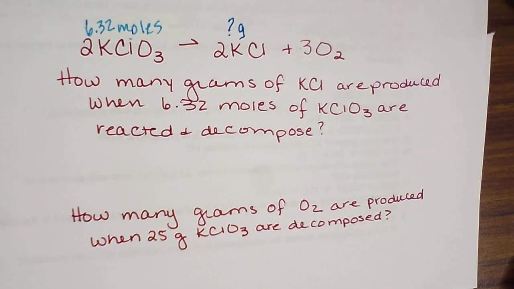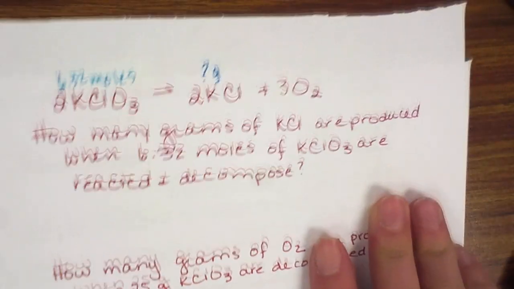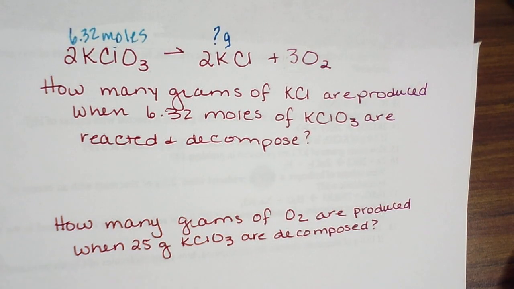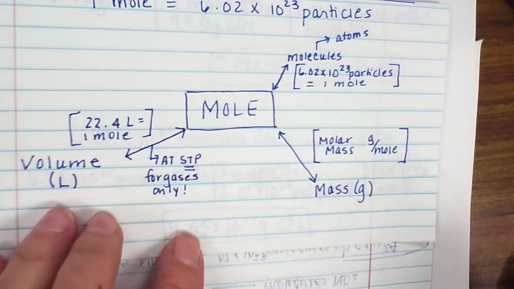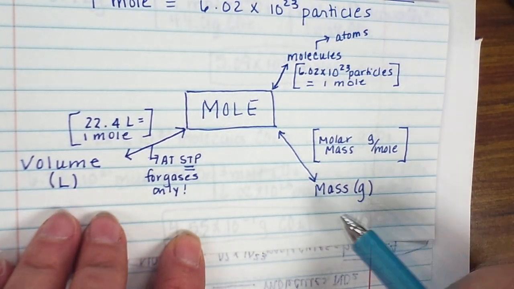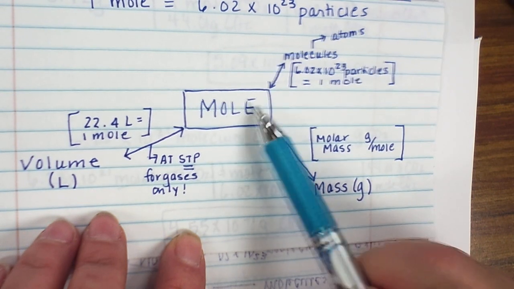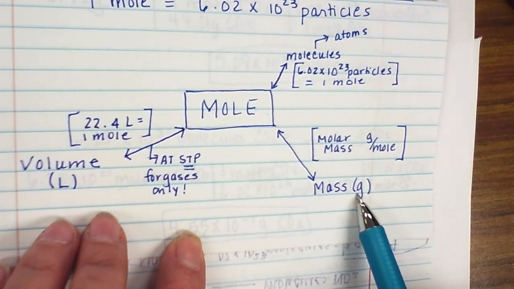Okay, now what I meant by you can only switch when you're in moles is I have no way to switch from moles of potassium chlorate to grams of potassium chloride without going through moles. So if I look at the mole tool, which, by the way, you should all have on your periodic table by now, I have no way of going from moles of one substance to grams of another substance.